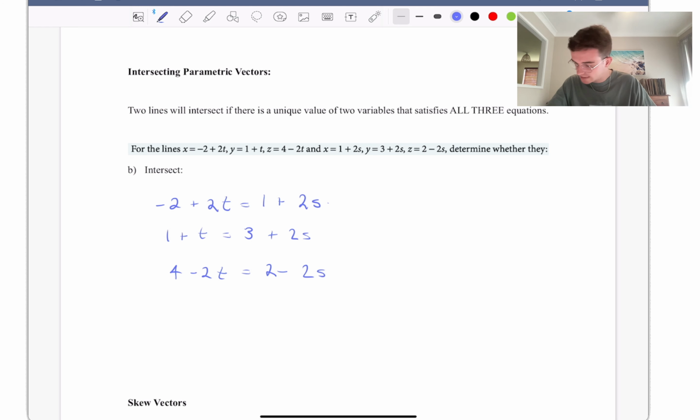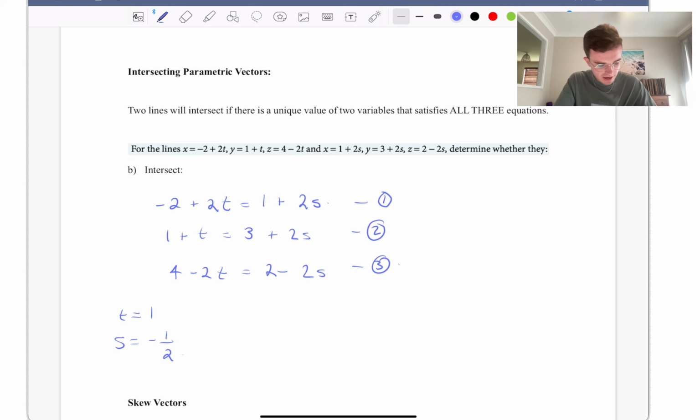If we call this equation 1, equation 2, and equation 3, if we simultaneously solve equations 1 and 2, we'll actually get t is equal to 1 and s is equal to minus a half.